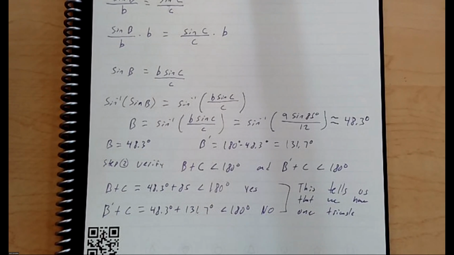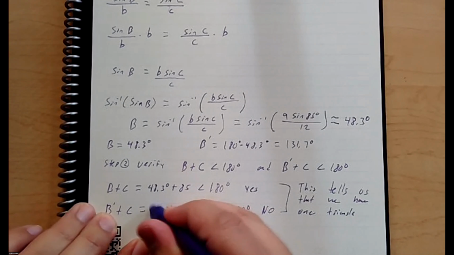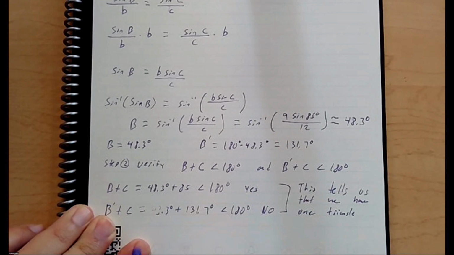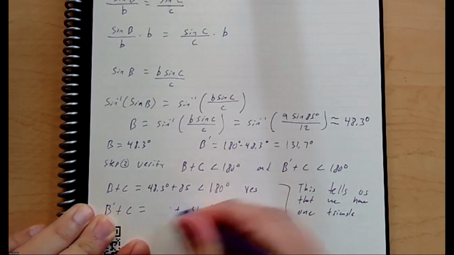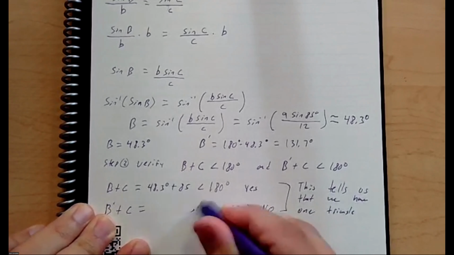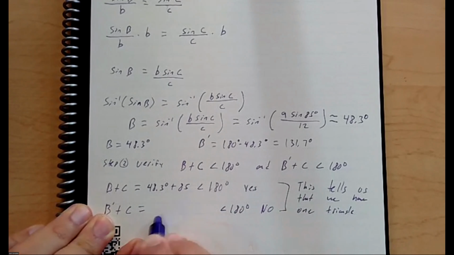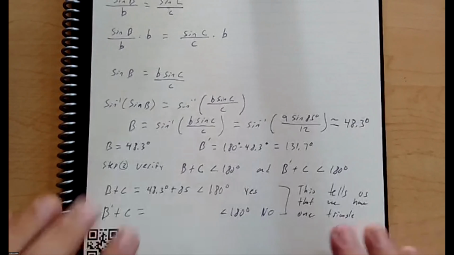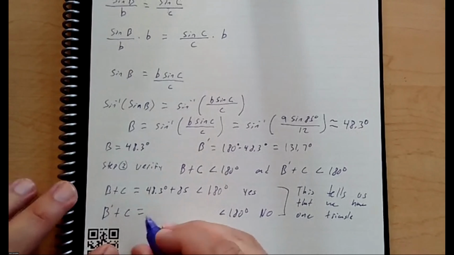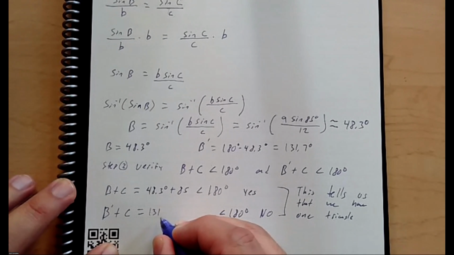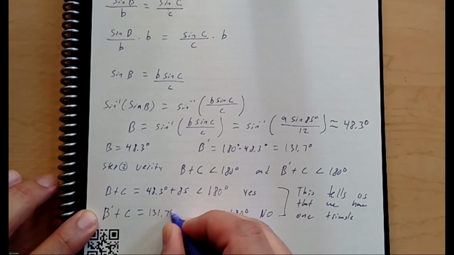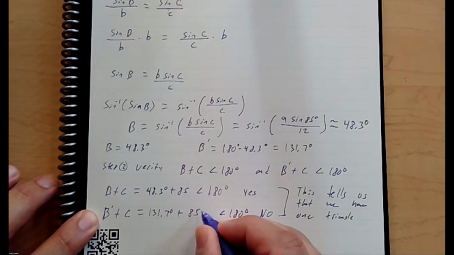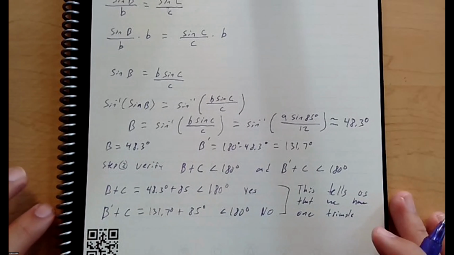All right. This one was the wrong one right here. I added the wrong two numbers, didn't I? It should be 131 is beta prime plus 85, which was C. Clearly bigger than 180, right?